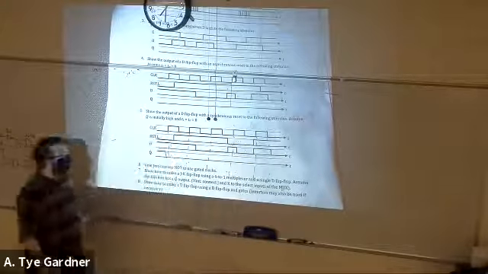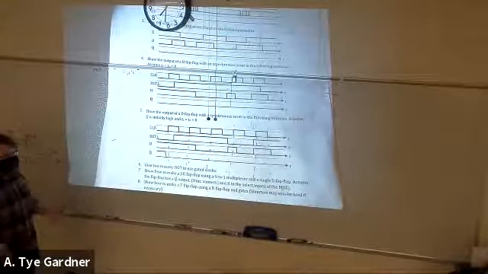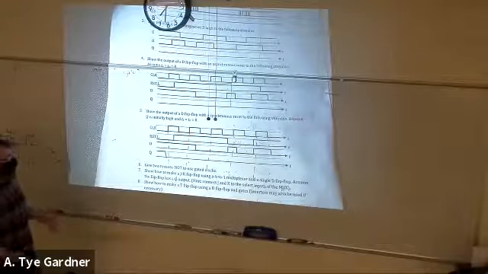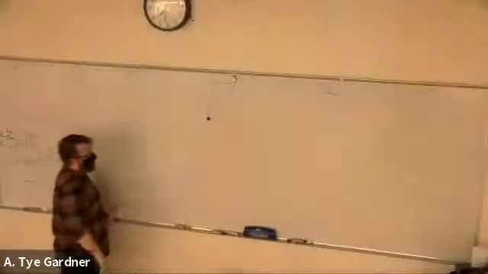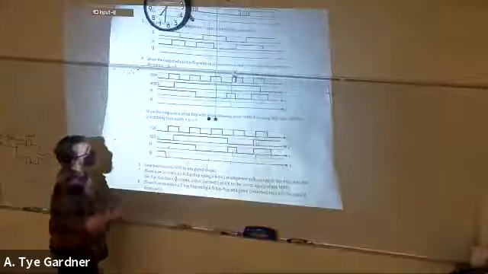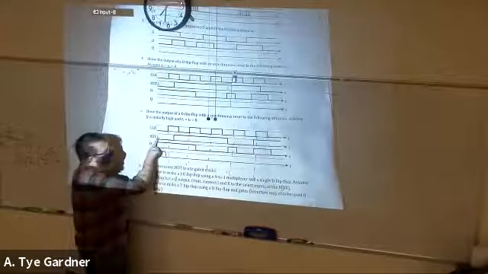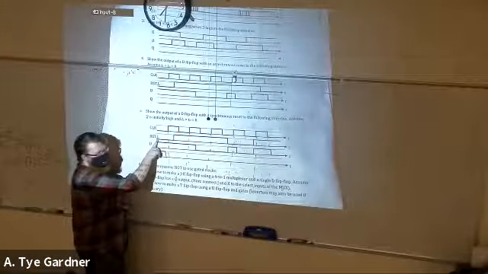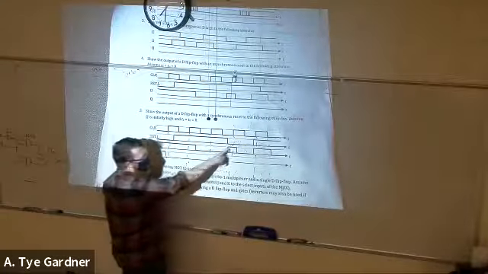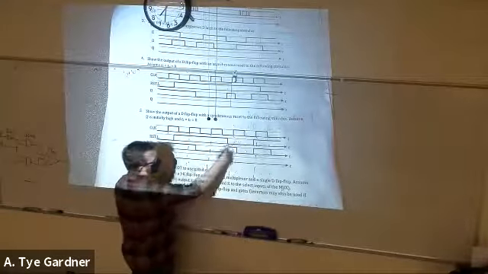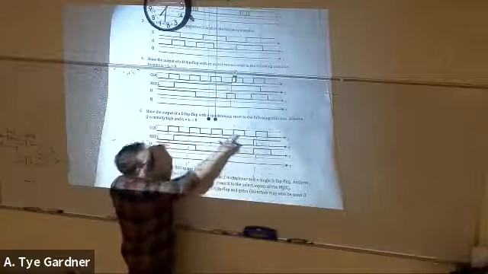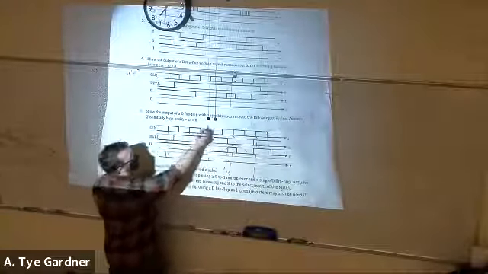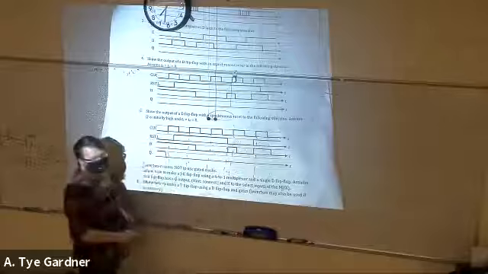It can't change anywhere other than those red marks, right? That's the point of the clock. It also can't change anytime the reset is low. So here, or more specifically, it's going to have to change here because we said synchronous reset.